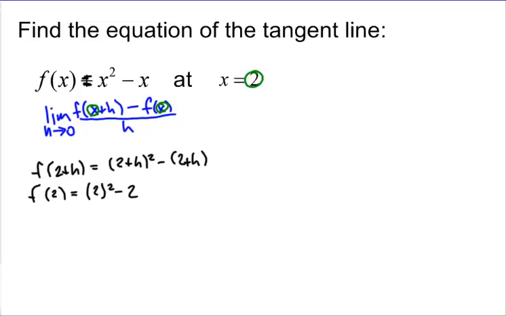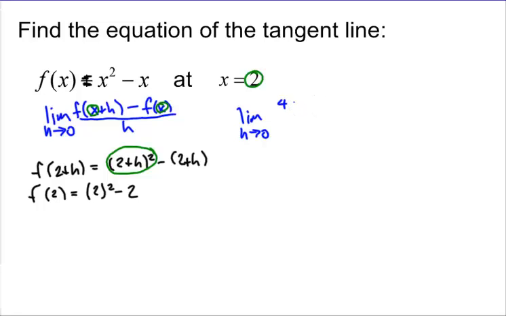And what you'll need to do is square this guy out first. And remember, when you square out something, you don't get 4 plus h squared here. But what you do get is 4 plus 2h plus h squared. So let's look at our limit again and substitute in the things that we now know. So the limit as h approaches 0 of 2 plus h squared, 4 plus 2h. Okay. Well, that should be 4h.